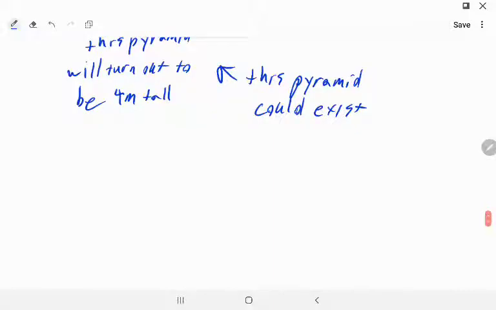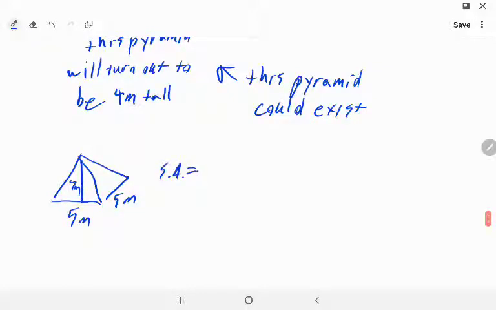On the other hand, if I just arbitrarily drew a pyramid and said that it had a base of 5 meters by 5 meters and, let's say, a slant height of 7 meters, we can create a surface area for this.